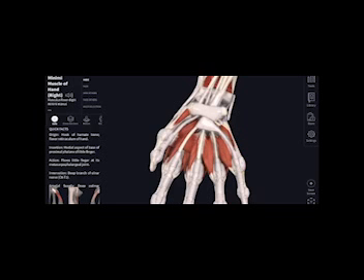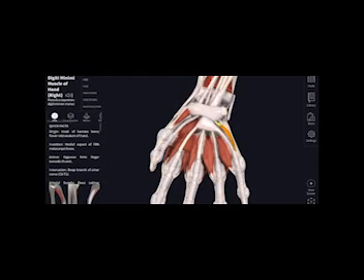And what's underneath that is the opponens digiti minimi. This is what you need in order to complete the opposition movement when you bring your thumb and pinky together. So we have exactly the same set of musculature on the hypothenar and the thenar eminence.